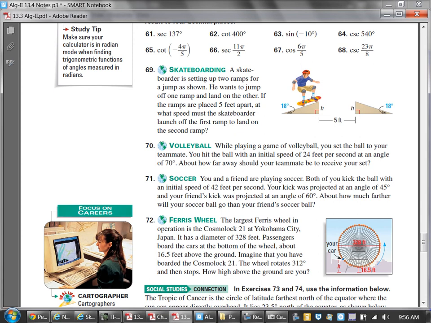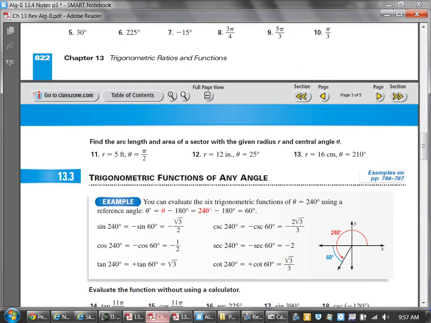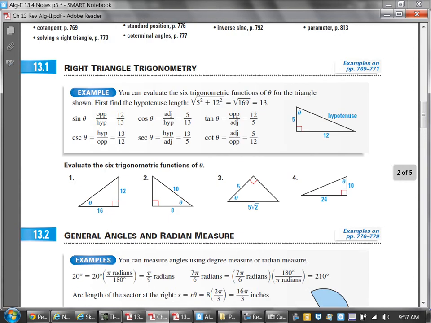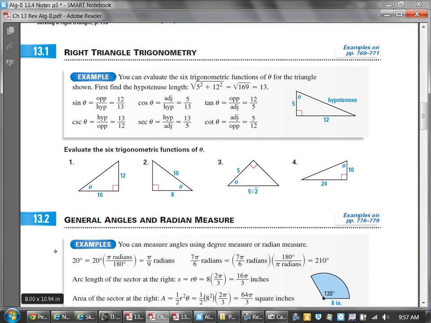The other thing I'm going to suggest that you don't have a copy of: if you go to the chapter review, the chapter review goes back to talking again about 13.1. We did 13.1 a few weeks ago prior to doing law of sines and law of cosines again. We kind of breezed through that.